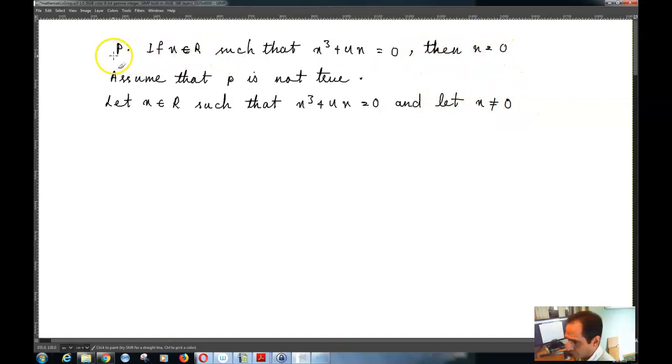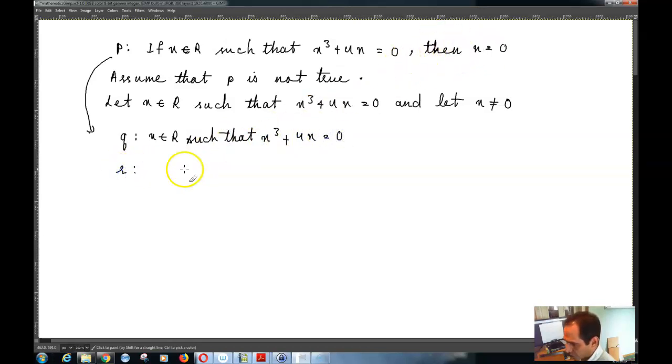If you break down this statement into two statements, you can write Q as, for example, x belongs to the set of real numbers such that x cubed plus 4x is equal to 0. And then the then clause you can write as x is equal to 0.